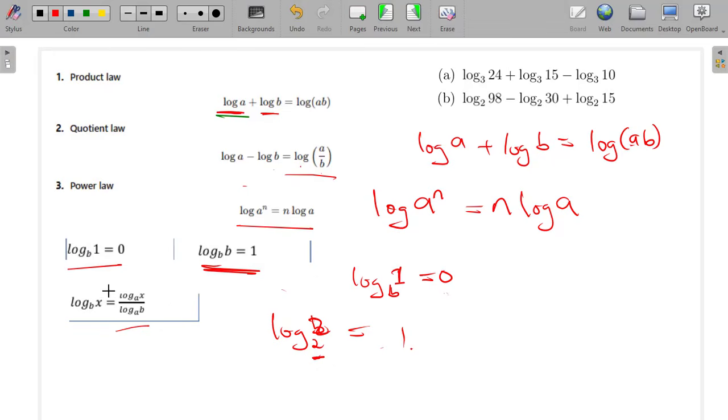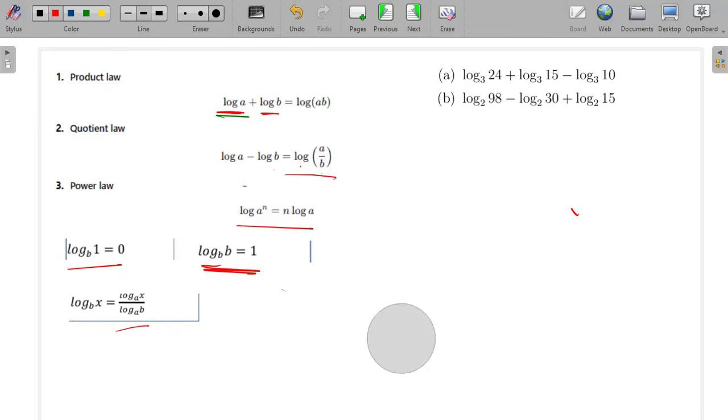Okay, this one we won't look at in this class, but we'll look at it in a further class. All right, now let's practice what we've learned on this question. The question has two parts. We have log base 3 of 24 plus log base 3 of 15, minus log base 3 of 10.